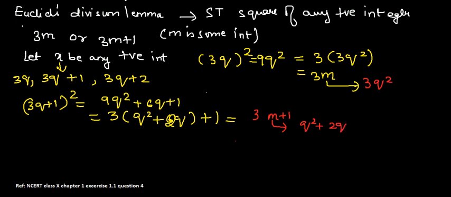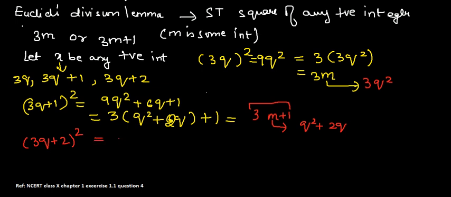Okay. So we have proven that 3q plus 1 whole square equals 3m plus 1.